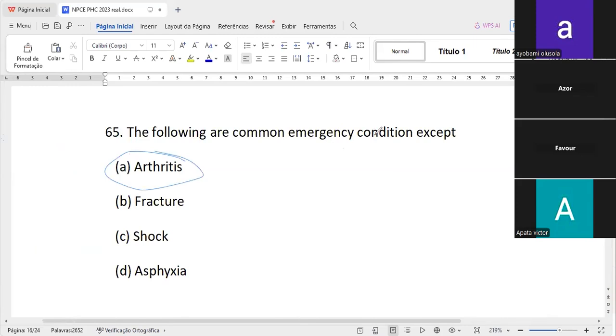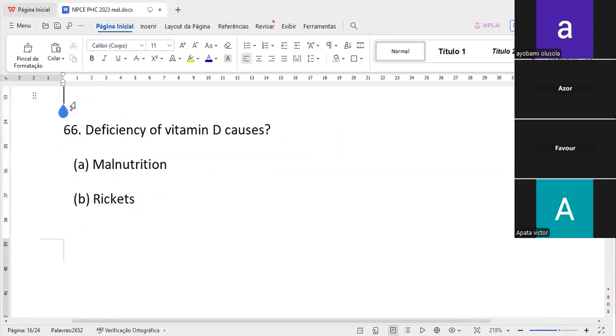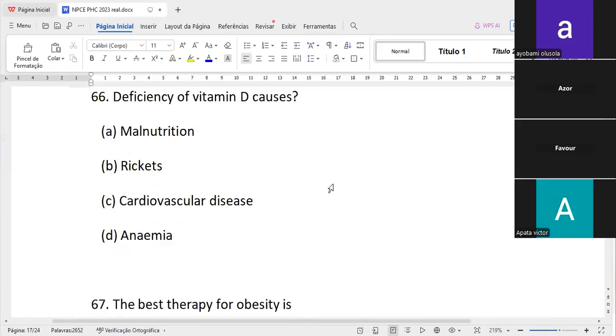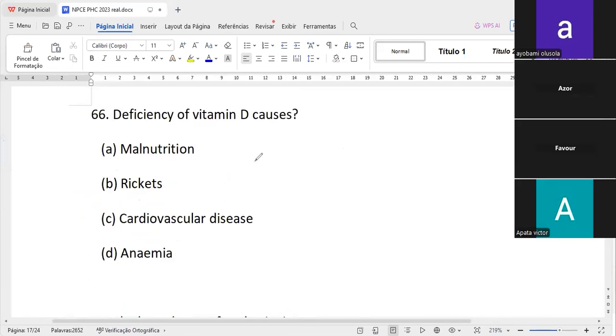Correct. Deficiency of vitamin D causes rickets. Correct.